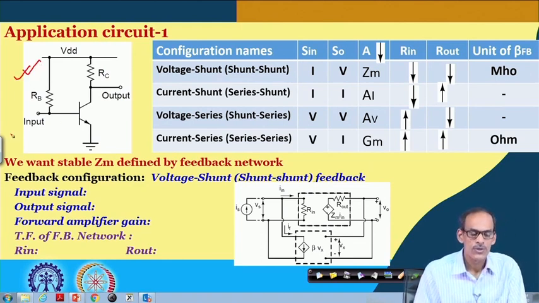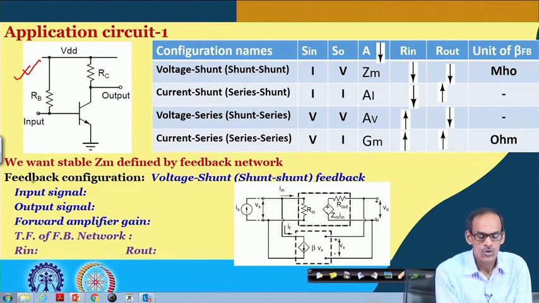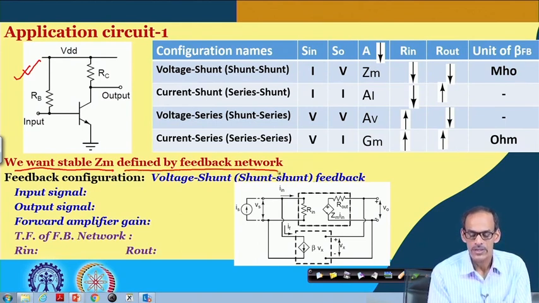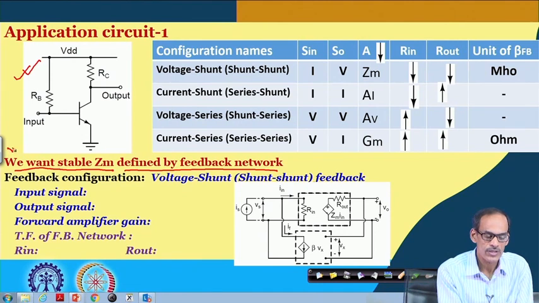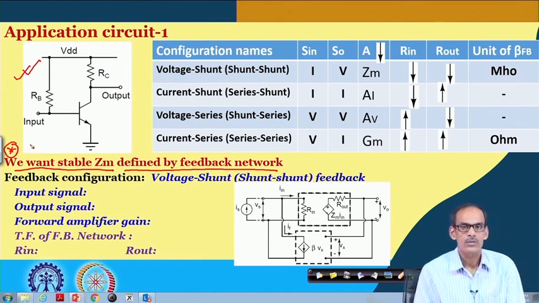In fact, this is a fixed bias common emitter amplifier, and we will be talking about its feedback connection. Our main target is that we want a stable Zm defined by the feedback network. So, this is our main objective, and then we will be discussing how to decide the configuration and then how to select the component values.